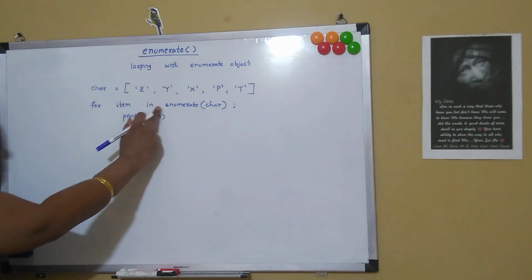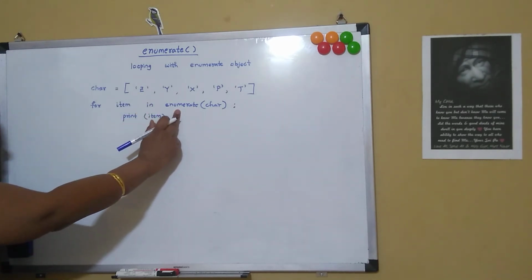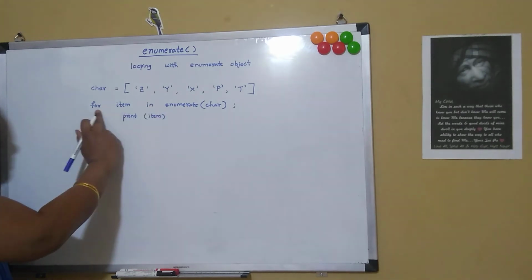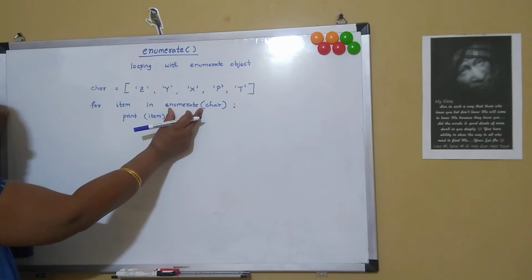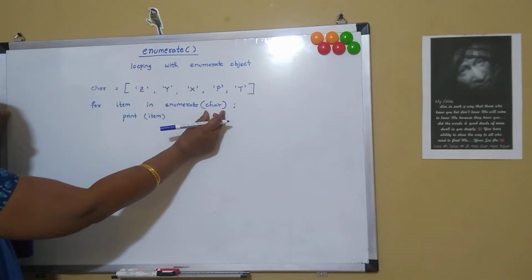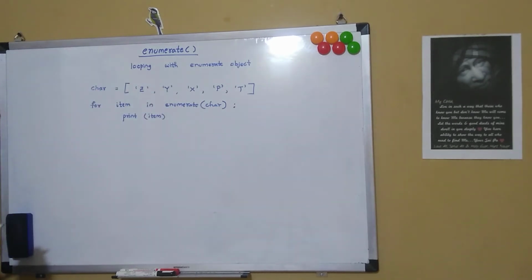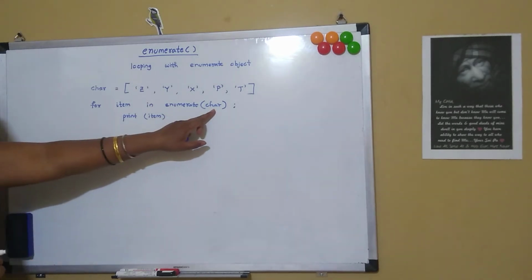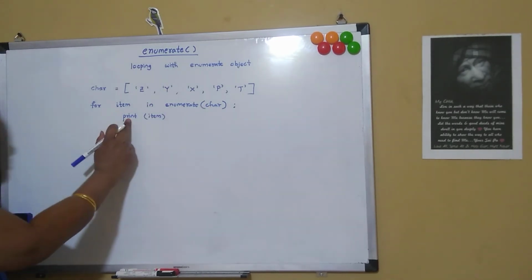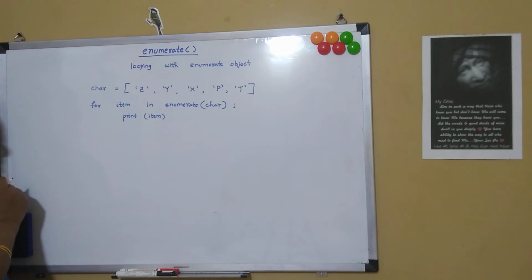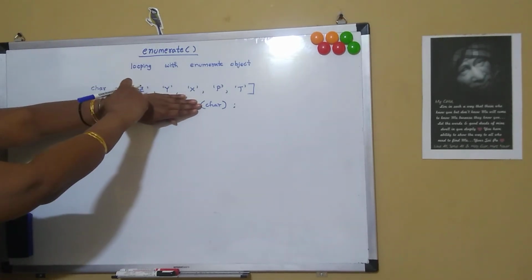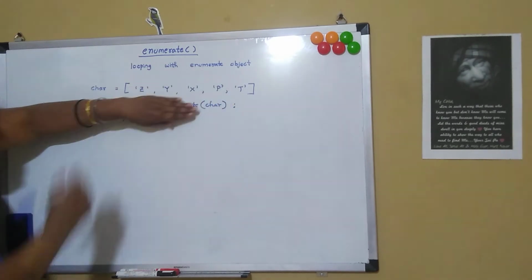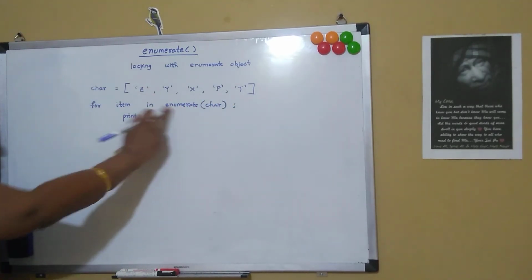So I am passing the enumerate function and looping through the enumerate object. The list in this case is char, so I am passing char as the iterable. Now if I say print item, if it was just char, it would have printed Z, Y, X, P and T. Now I am giving the enumerate function.